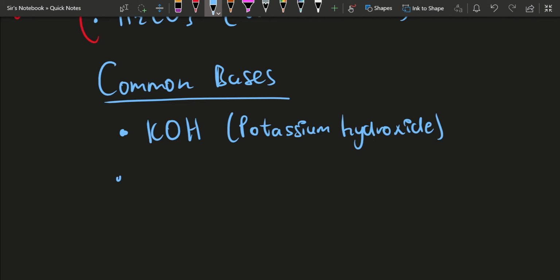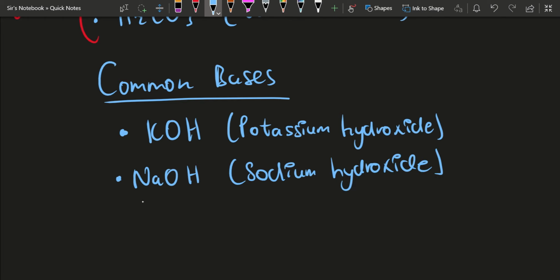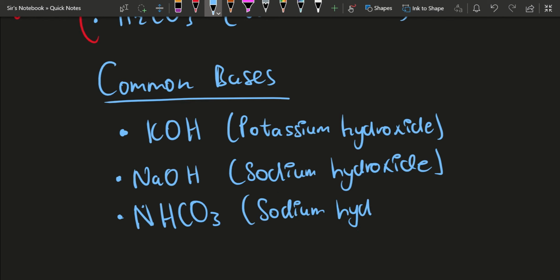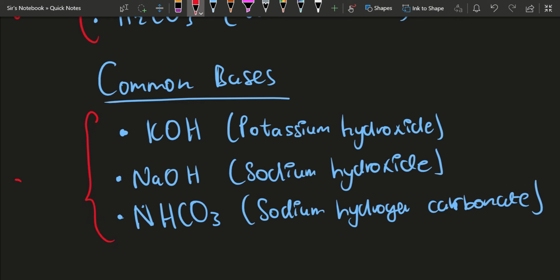Potassium hydroxide, sodium hydroxide, this one should be fairly easy, as well as sodium hydrogen carbonate, NaHCO3, sodium hydrogen carbonate.